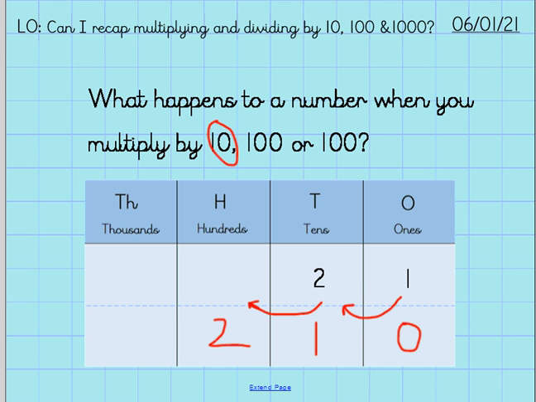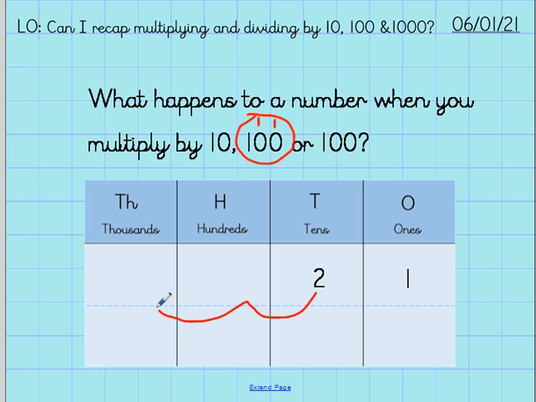Okay, so what I want you to have a think about is, if we could do that by 10, what would happen if we times it by 100 this time? 100. How many placeholders have we got in here? 2, so we know we're going to have to move 2 places to the left.